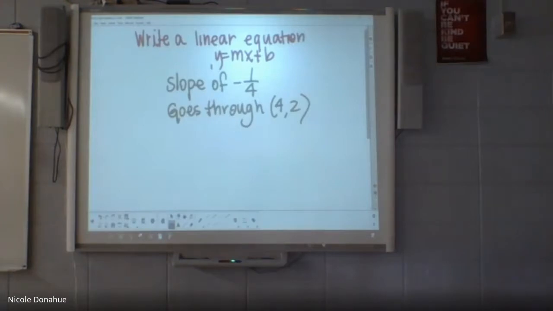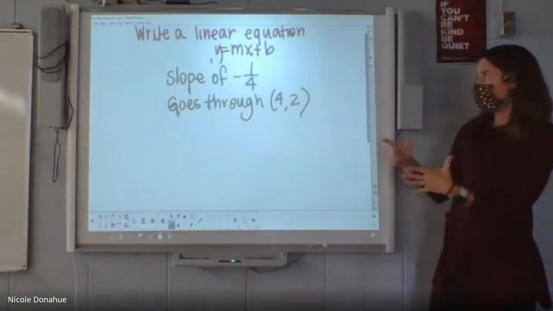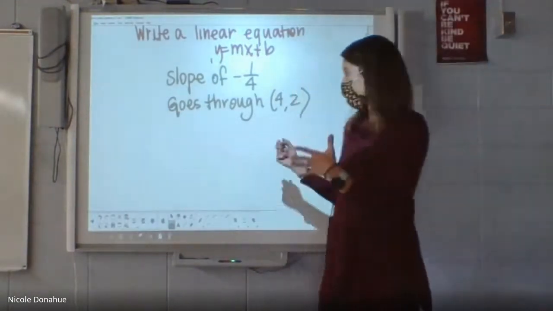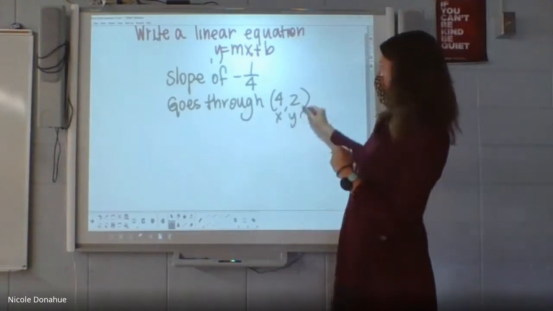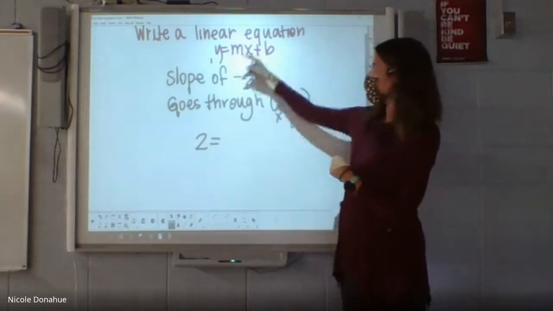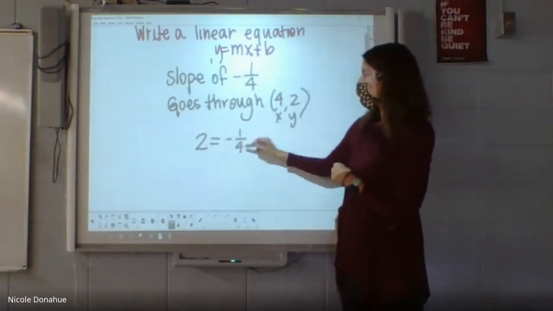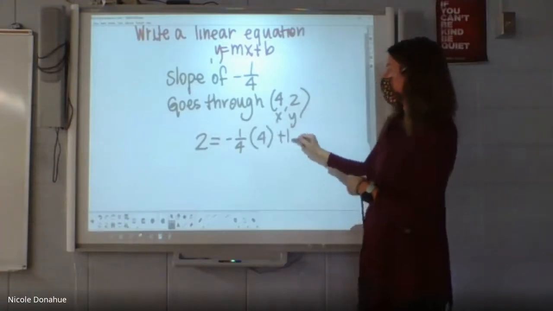So you should be writing this down with your y equals mx plus b. Follow along as I'm writing up here. Make sure you guys write this down, especially those of you who didn't get this. So y equals mx plus b. This is x, this is y. Y is 2 equals m, the slope, times x, which is 4, plus b.